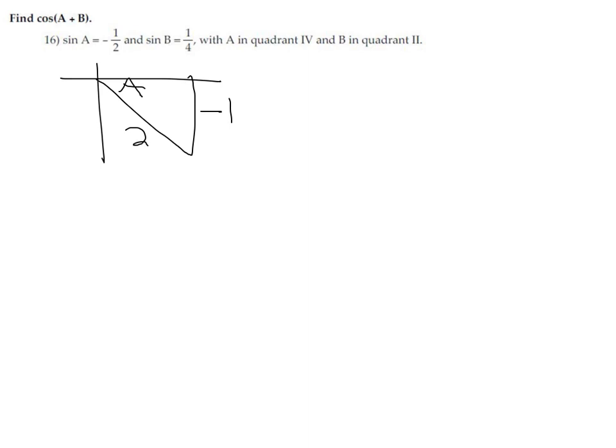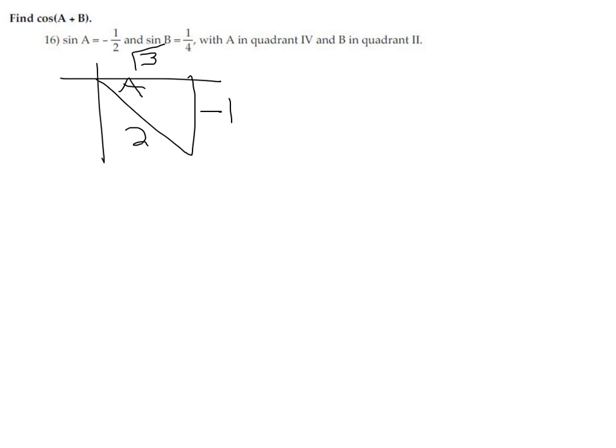Running the Pythagorean theorem, we get that the adjacent would be square root 3. And it's positive. I know these signs: to the right is positive, down is negative, and hypotenuse is always positive.